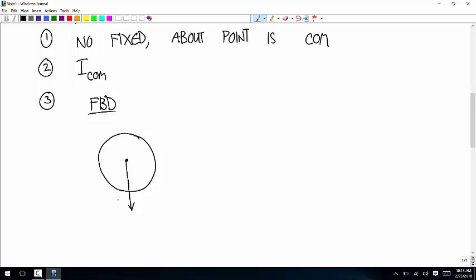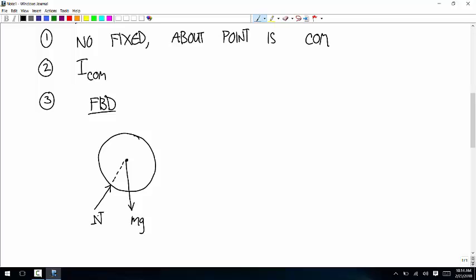Okay, so there's the weight. I'll just call the mass mg. And then here's the contact point. So what loads are acting at that contact point? There's definitely a normal force. There is a friction force because it's not slipping.